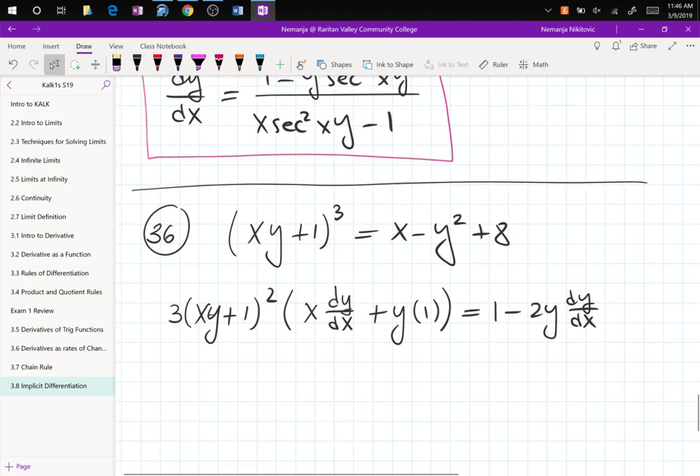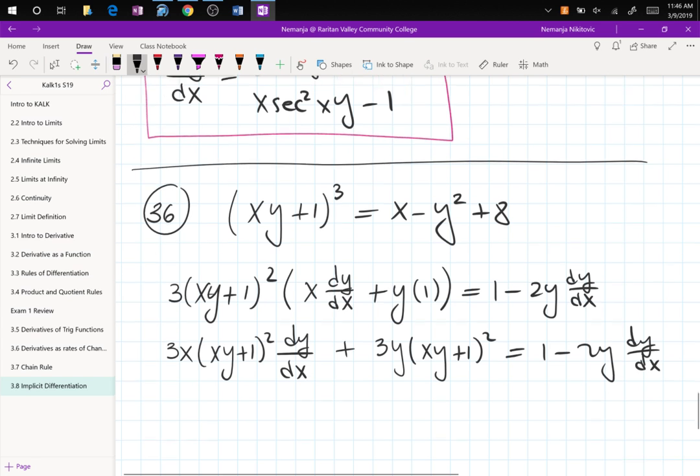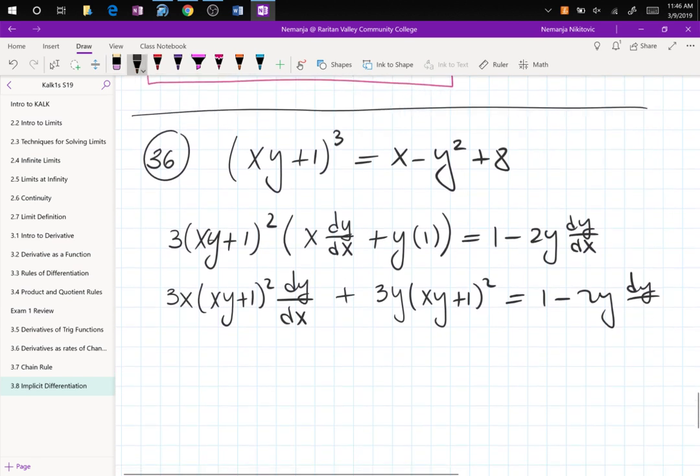So now we have to multiply, distribute on the left. So we have 3x (xy plus 1) squared dy/dx plus 3y (xy plus 1) squared is equal to 1 minus 2y dy/dx. Shuffle the terms.